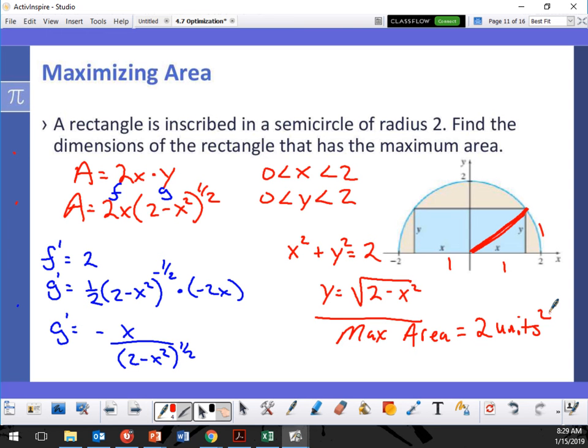Dimensions of the rectangle that has the maximum area. Okay. 1, 1, 1, 1. Now, think about this carefully. You guys ready? If this is 1 and this is 1, what angle is this right here? What is it? 45 degrees. 45 degrees, or, since we always deal in radians, that's going to be what?